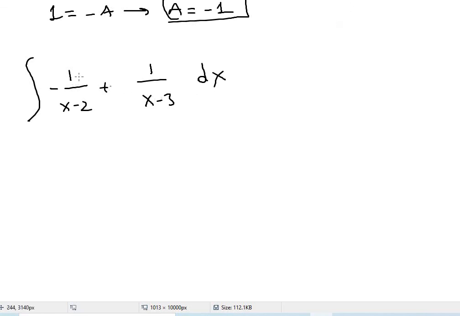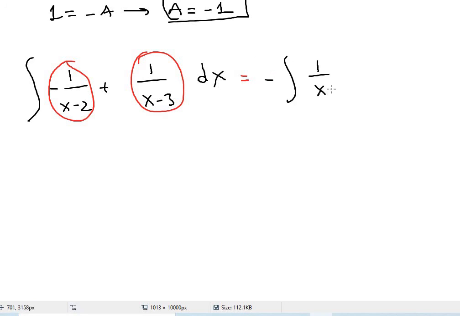Now we know how to integrate this and that separately. First we can separate the integrals: negative integral 1 over x minus 2 plus integral 1 over x minus 3 dx. Here you can either use u substitution, which is let u become x minus 2 and let u become x minus 3.